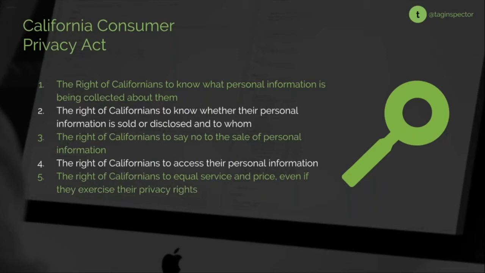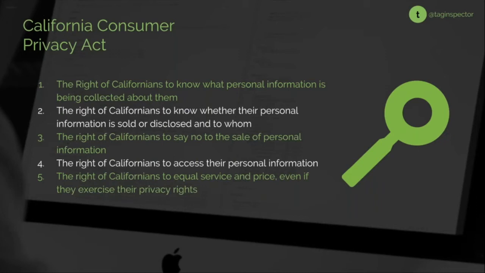Under this, there are 5 different rights that are granted to Californians with relation to their personal information. The first, the right of Californians to know what personal information is being collected about them. Very straightforward. The second, the right to know whether personal information is sold or disclosed and to whom. Third, the right to say no to the sale of personal information. Fourth, the right to access personal information.